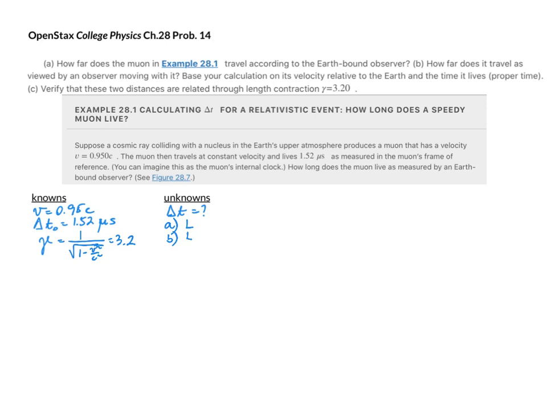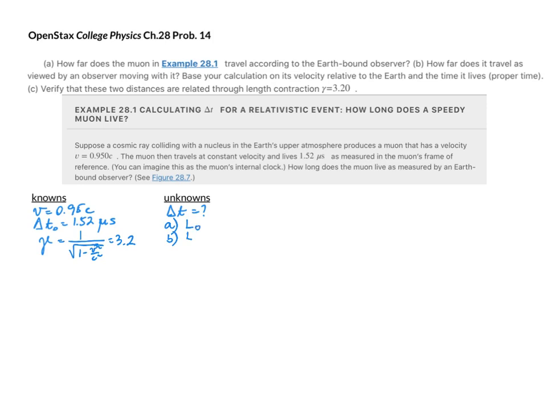So let's stop and think which lengths these refer to. We are measuring the distance the muon travels from the point of view of a lab on Earth. So that means that we are going to be measuring its proper length.